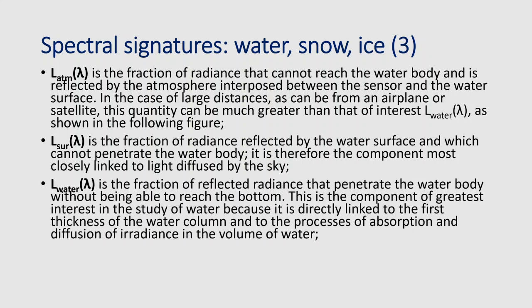Then the L water, that is again a function of wavelength, is the fraction of reflected radiance that penetrated the water body without being able to reach the bottom. This is the component of greatest interest in the study of water because it is directly linked to the first thickness of the water column and to the processes of absorption and diffusion of irradiance in the volume of water.